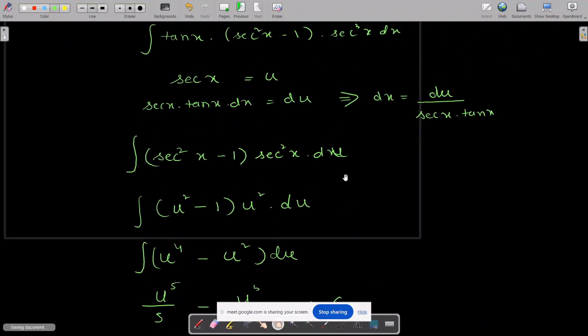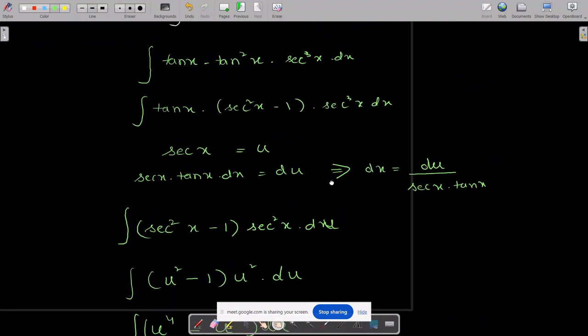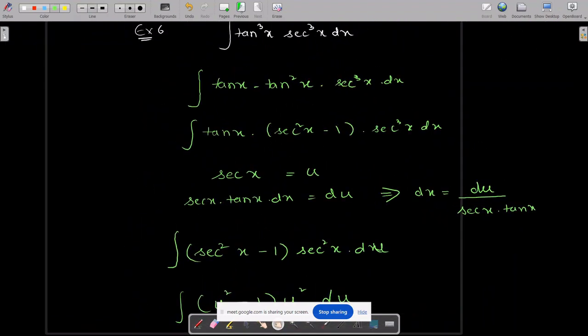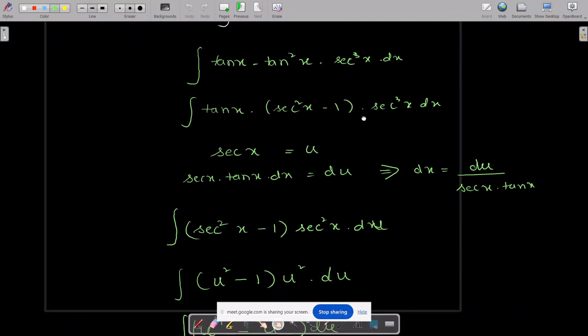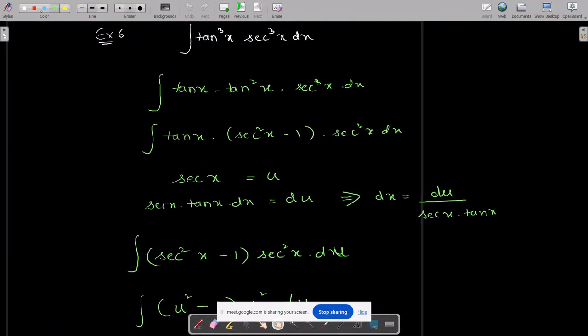So what you can do to avoid this type of mistake is, as I said in the previous board, we have to separate out one factor of tangent and one factor of secant as well. So if you do that, if you separate out tangent and secant, you will see this entire thing in the integral itself.